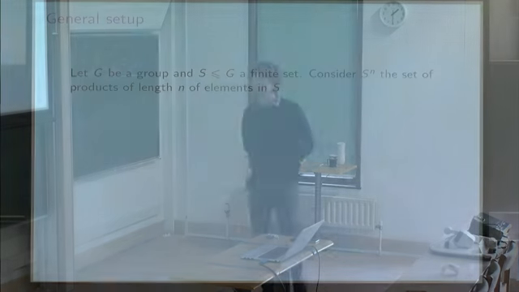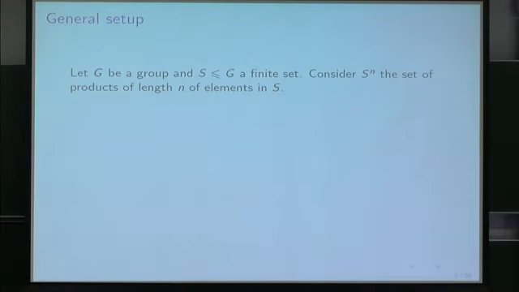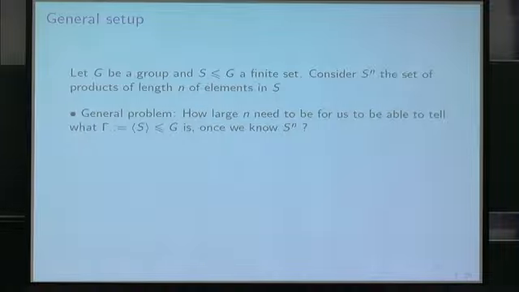So here's the general setup. You start with a group and a finite subset of the group, and you look at S to the n. That's the set of products of length n with letters in S. So here is a very general, vague problem.